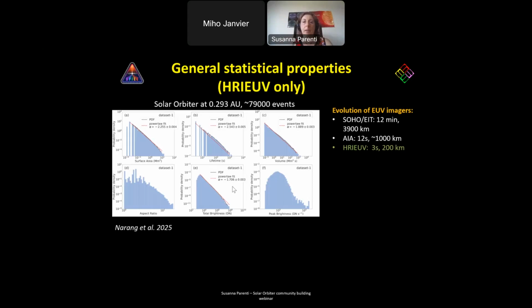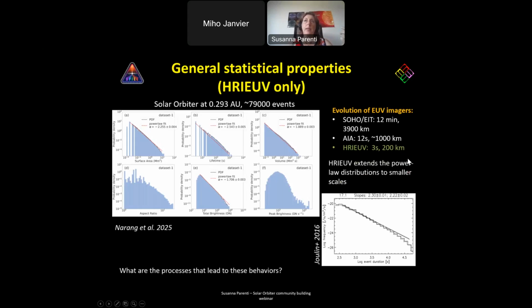This is something that was already known for larger-scale features. In fact, if we go back in the literature, we find this kind of behavior for UV brightenings. What I mention here in this part is how the properties of the imagers changed over time, starting with SOHO, which has a low cadence and spatial resolution, and going down to AIA and now HRI-UV.